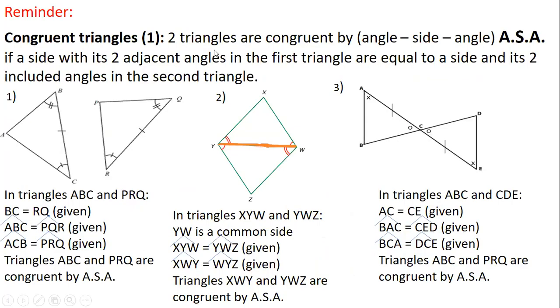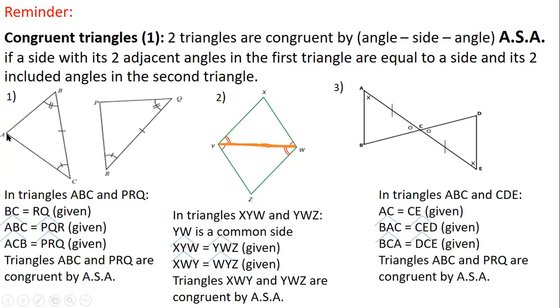Reminder, this is what we studied in congruent triangles 1. In case 1, we said two triangles are congruent by angle side angle, or ASA, if a side with its two adjacent angles in the first triangle are equal to a side and its two adjacent, or included, angles in the second triangle.